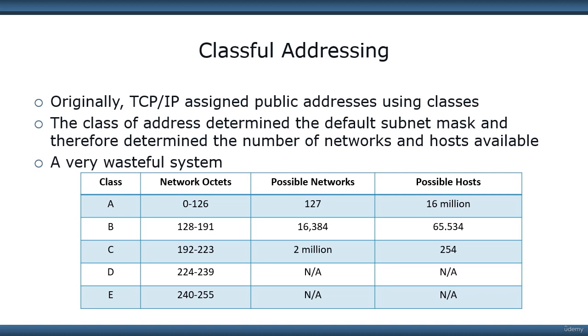Class D was for multicasting, and Class E was reserved for future use, but this whole classful system was scrapped because it was incredibly wasteful. But as I said before, a lot of us, myself included, will still get honed in because Windows still does it.